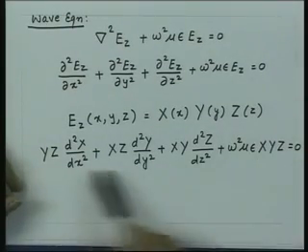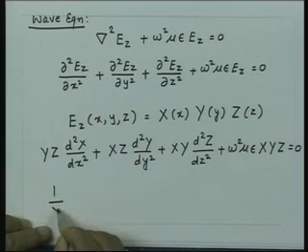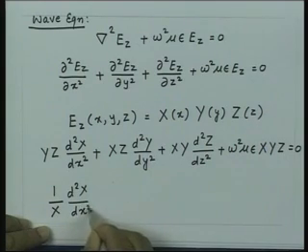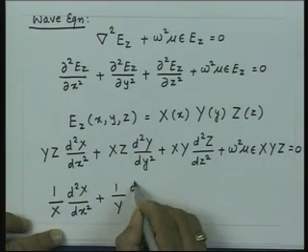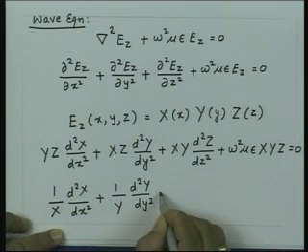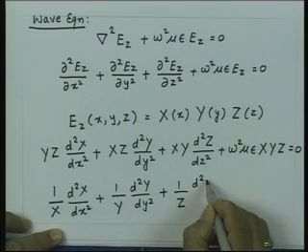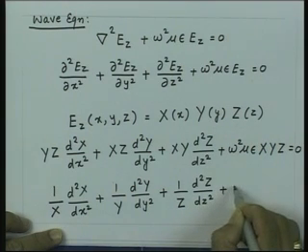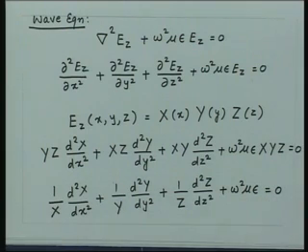By dividing by x, y, z all these terms, essentially we get 1 upon x d2x upon dx square plus 1 upon y d2y upon dy square plus 1 upon z d2z upon dz square plus omega square mu epsilon, that should be equal to 0.